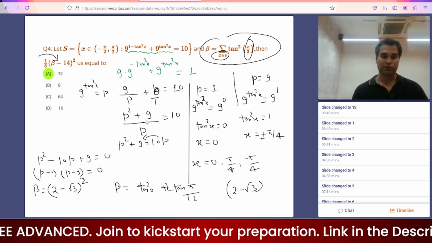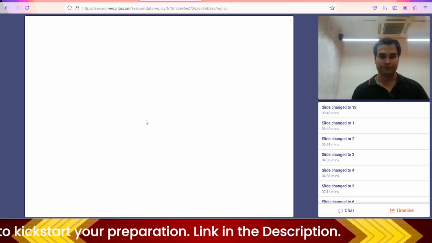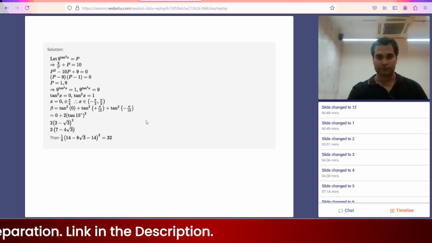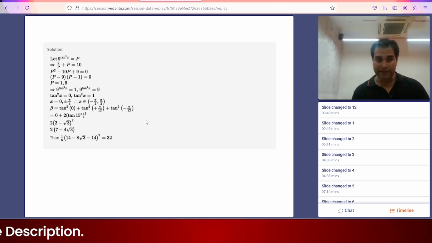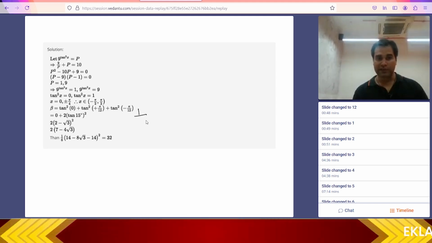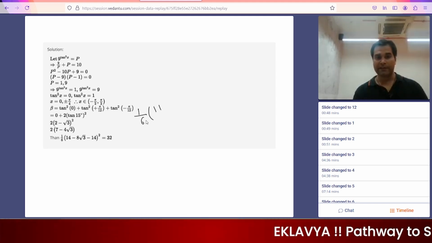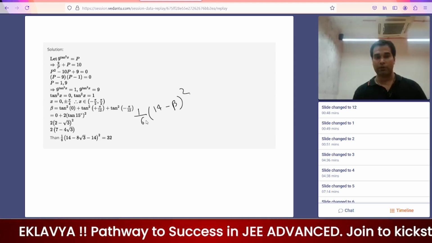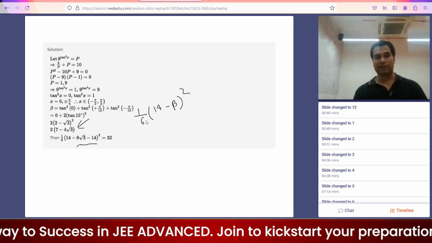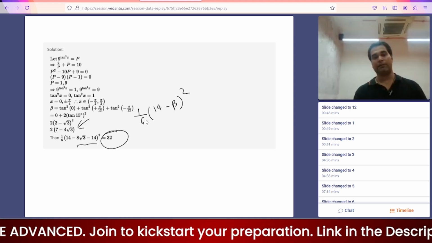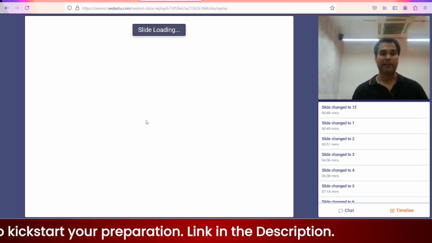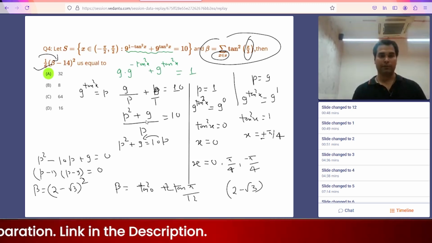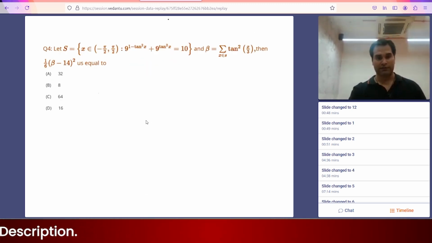Now let's solve. Here we get beta as 2 minus root 3 in the given question, 1 by 6 of 14 minus beta whole square. Squaring, we will get the answer 32. Here option A is the correct answer.